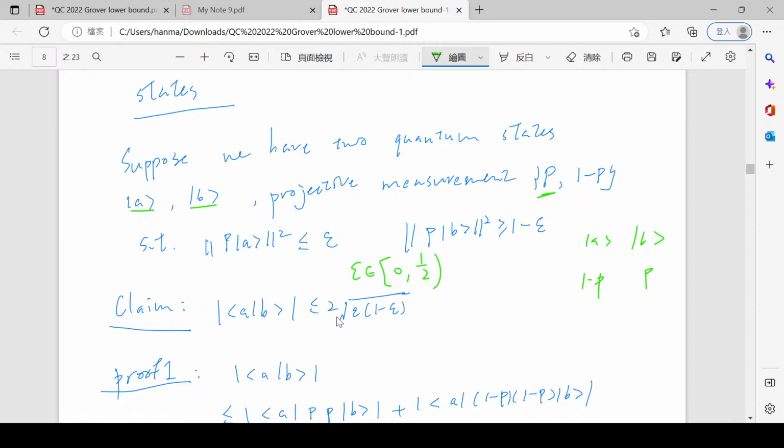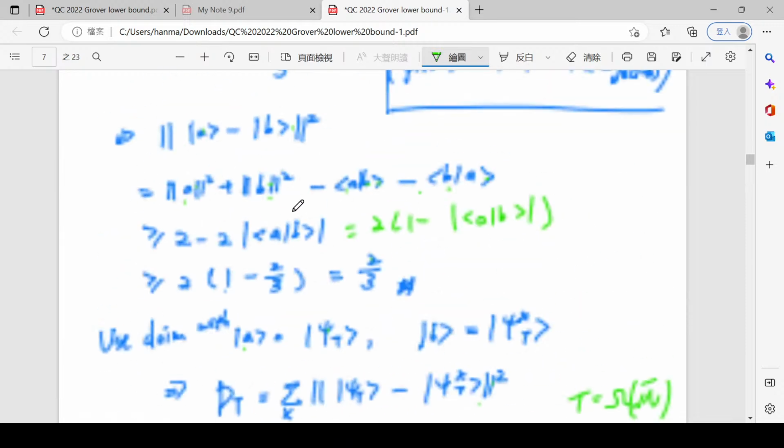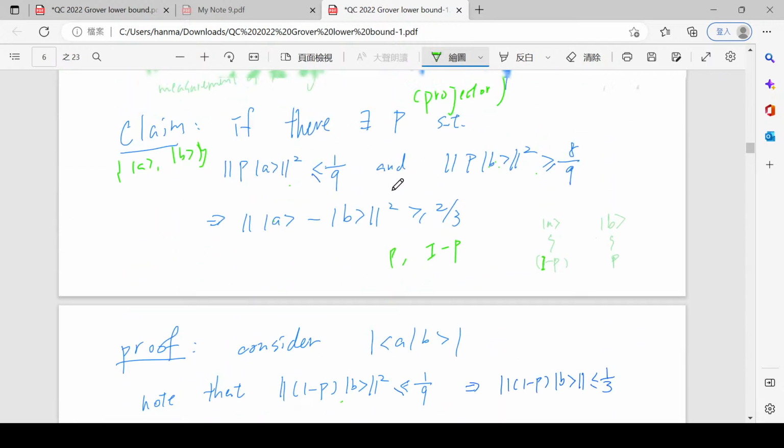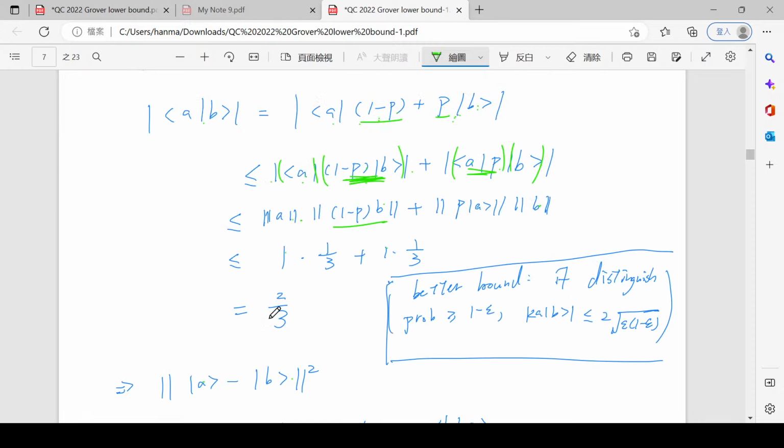In particular, when epsilon equals 1/3, you can try it, 2 square root of 1/3 times 2/3 equals 2 square root 2 over 3, equal to square root 8 over 3. Nice. So even for epsilon equal to 1/3, we still have the inner product between A and B bounded away from 1. Whereas if you do it the earlier way with 1/3, you are not going to be able to bound this by less than 1.